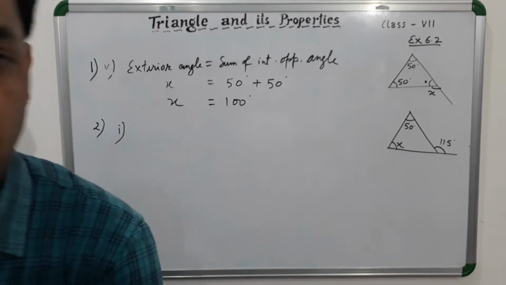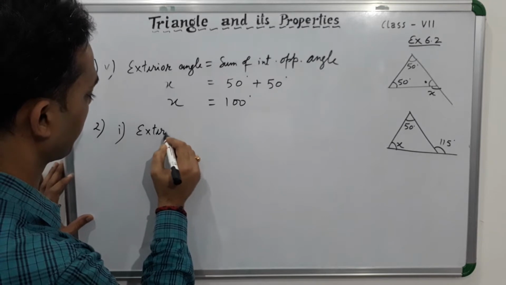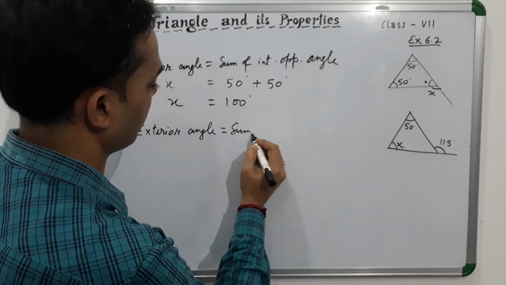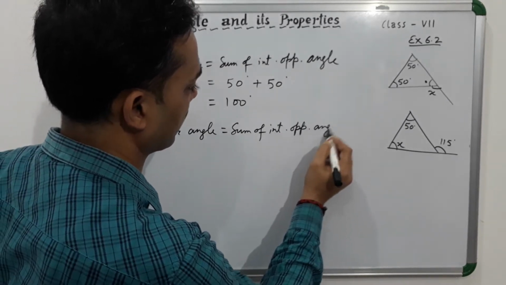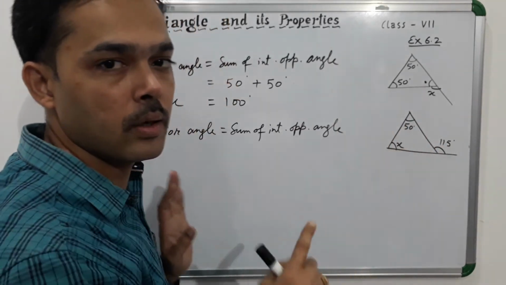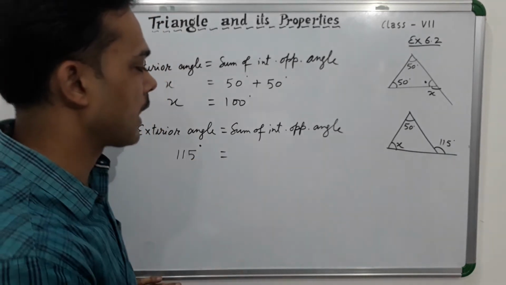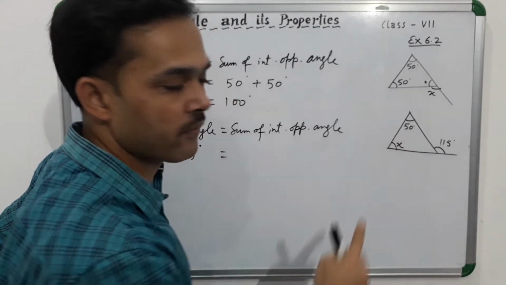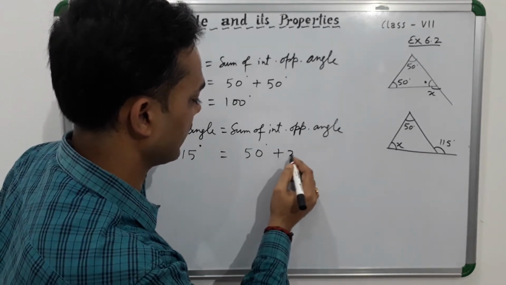As you know, the exterior angle is equal to the sum of interior opposite angles, and here the exterior angle is given as 115 degree. The sum of interior opposite angles: the interior opposite angles are 50 degree and x, so we will add 50 degree and x.